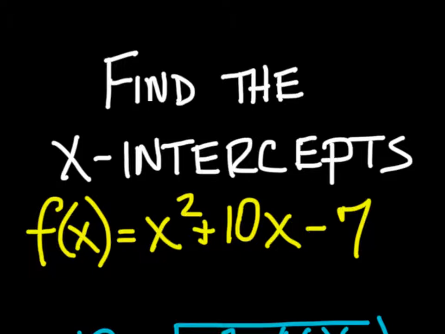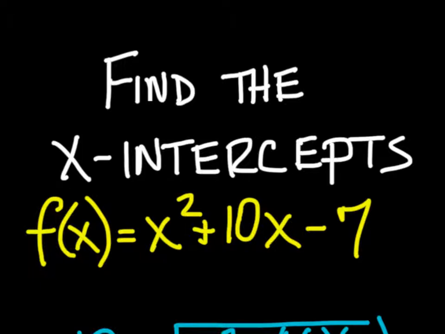To find the x-intercepts of a quadratic equation, what should we do? One way to find them is you could factor. So what two numbers could I come up with that multiply to get -7 and then add to get +10?